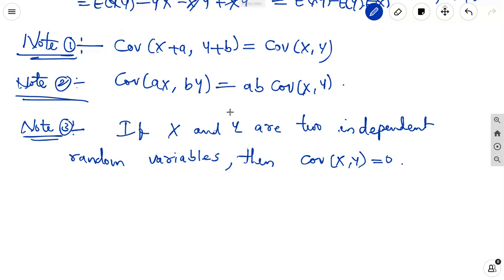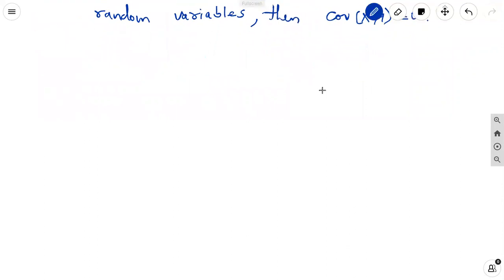And that definition can be defined in another way. What is that?